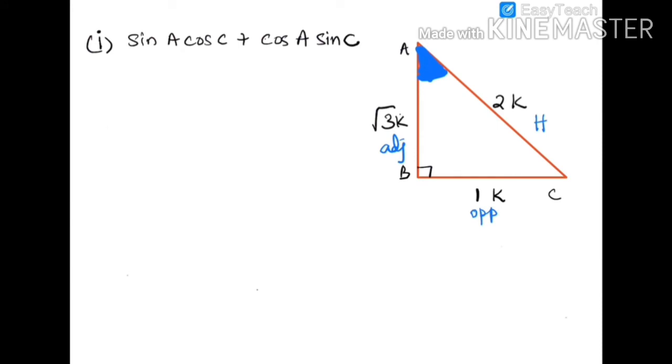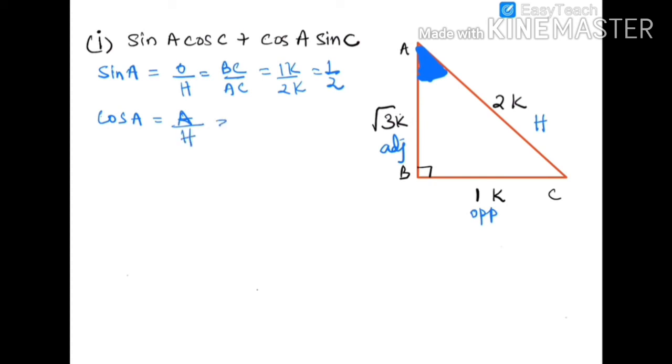We will first write down the ratios corresponding to angle A. So sin A is opposite upon hypotenuse, which is equal to BC upon AC, that is 1k upon 2k, that is equal to half. Cos A is equal to adjacent upon hypotenuse, which is equal to AB upon AC. On substituting, we will get root 3 upon 2.